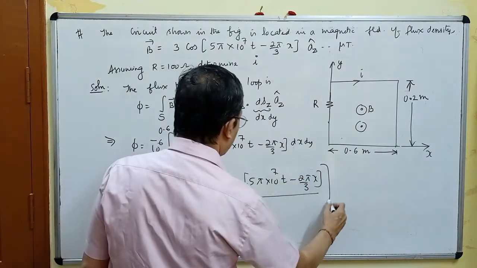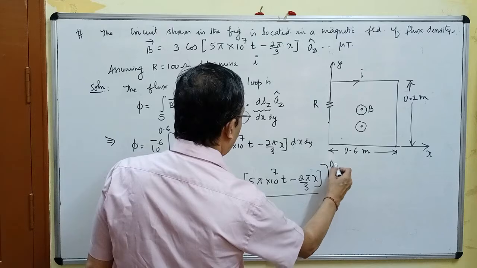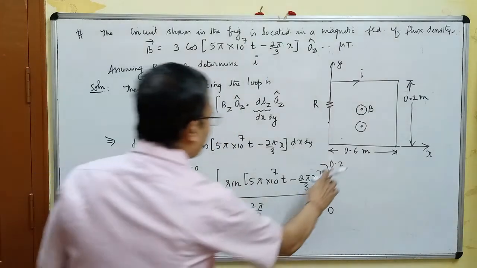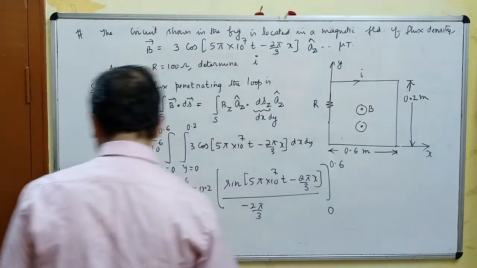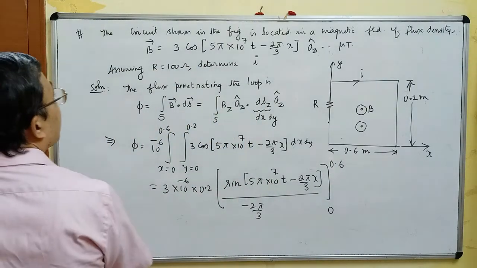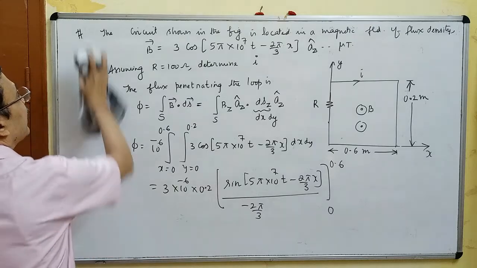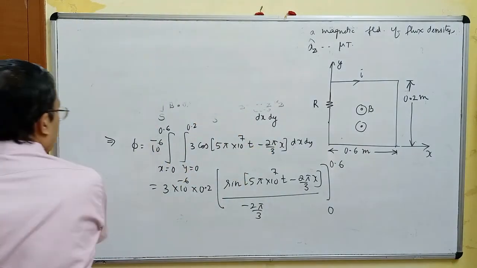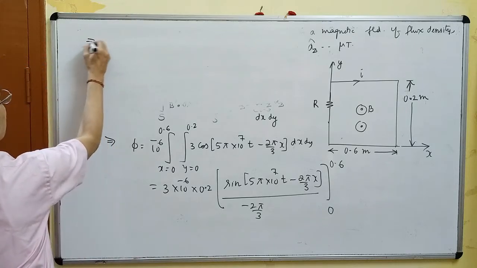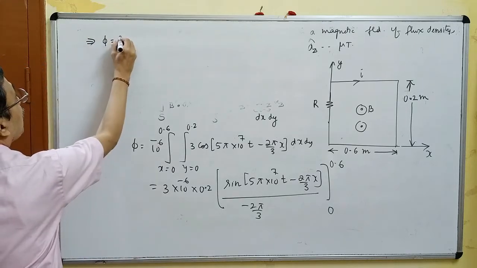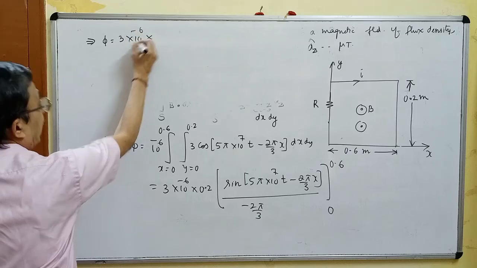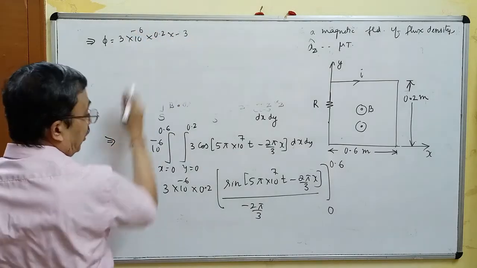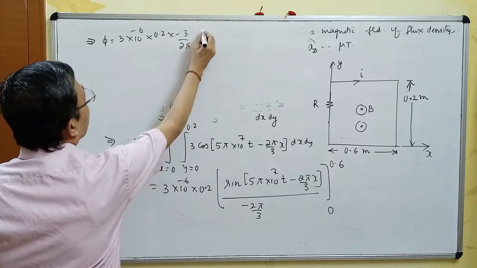Limits for x from 0 to 0.6. So phi is equal to 3 into 10 to the power minus 6 into 0.2 into minus 3 by 2 pi.